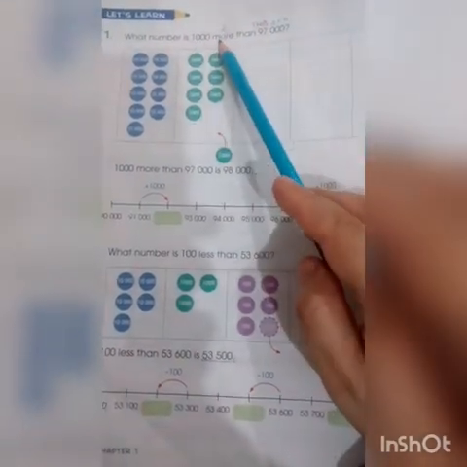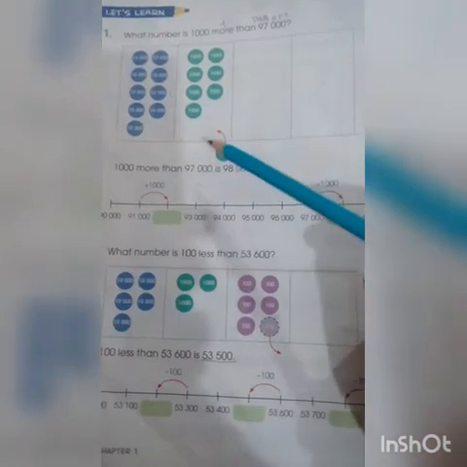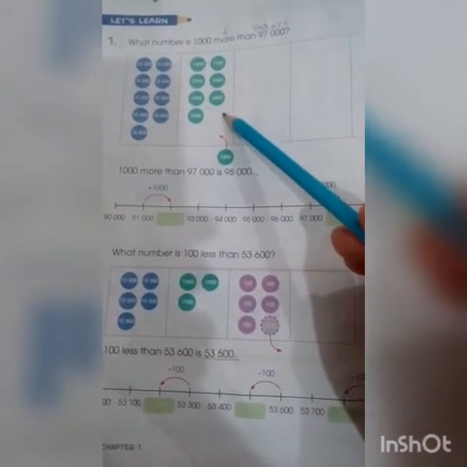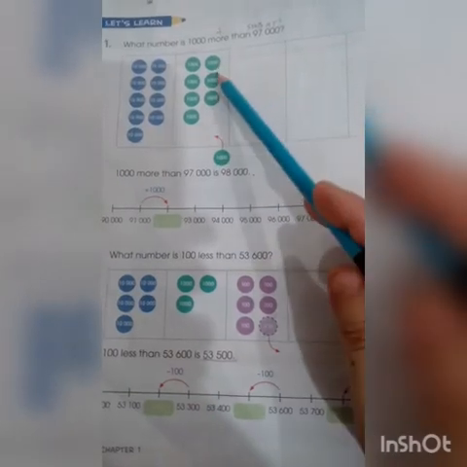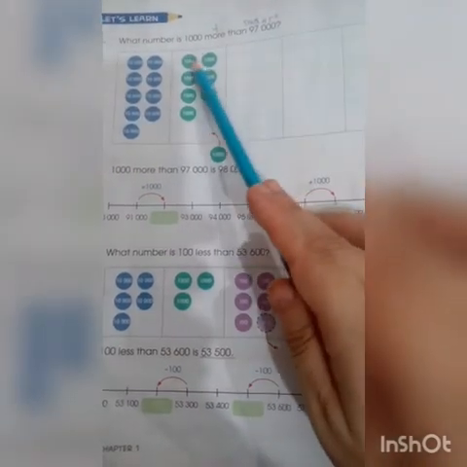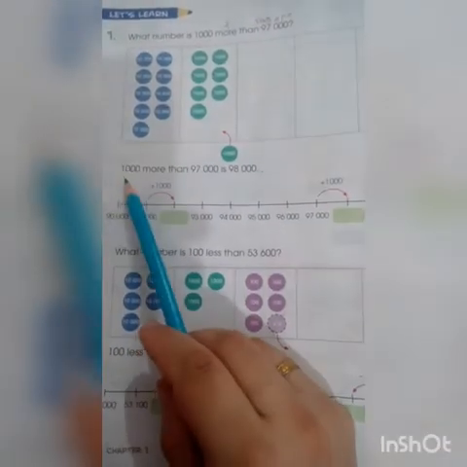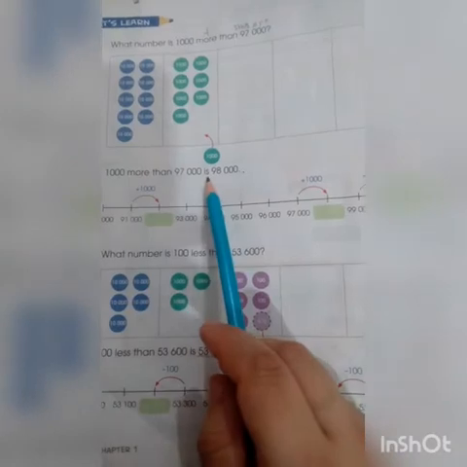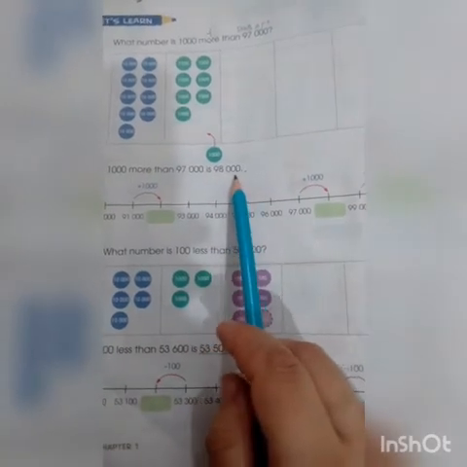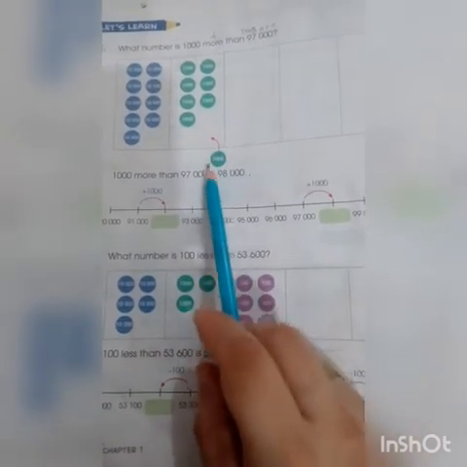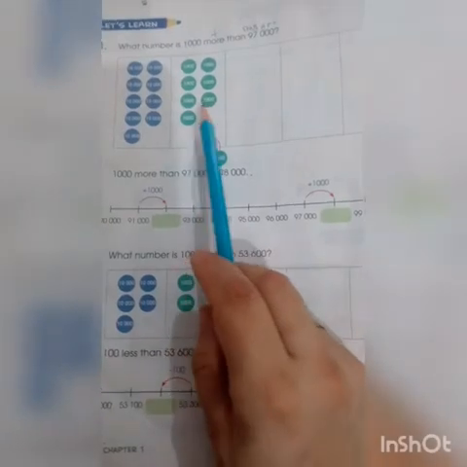As the question is 1000 more, we add 1 more green circle, and now the green circles are 1, 2, 3, 4, 5, 6, 7, 8. So 1000 more than 97,000 is 98,000 because we add 1 more green circle to these circles.